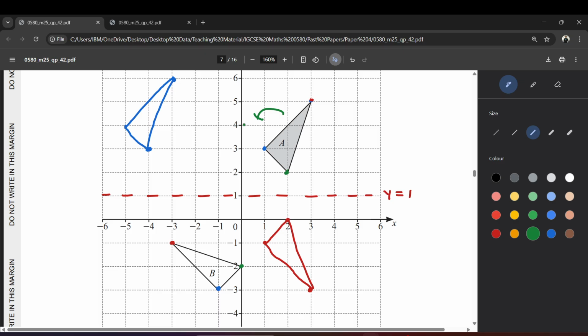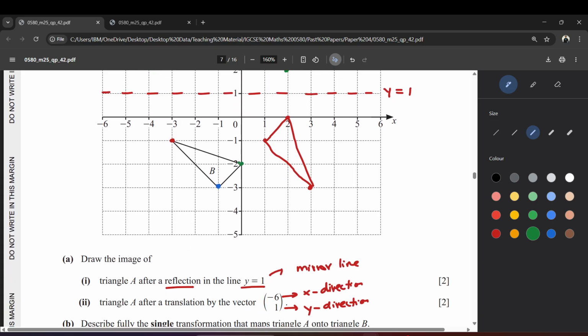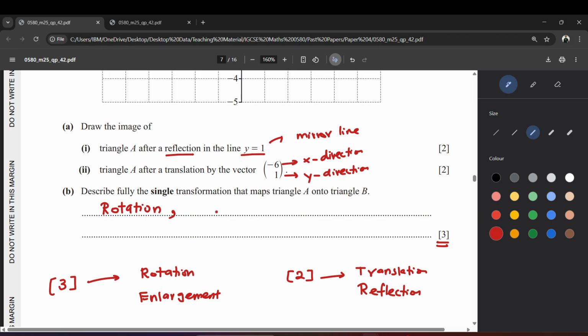And how much you have to rotate, you even have a protractor with you, so you can also measure it, right? So we can see that this has been a 90 degrees rotation anti-clockwise. It is moving in this direction. Now comes a tricky part, which is the center of rotation.